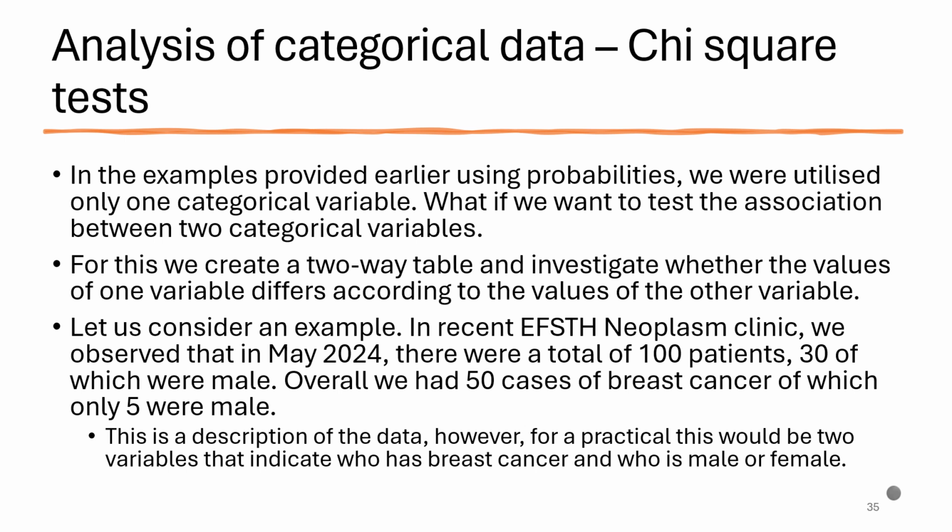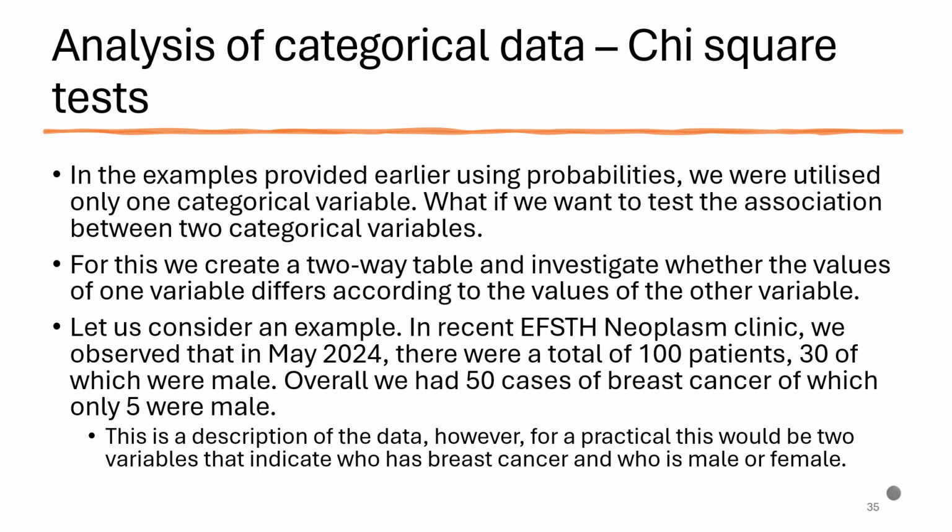So let us consider an example to explain this. In a recent EFSTH neoplasm clinic, we observed that in May 2024, there were a total of 100 patients, 30 of which were male. Overall, we had 50 cases of breast cancer, of which only 5 were male, right?